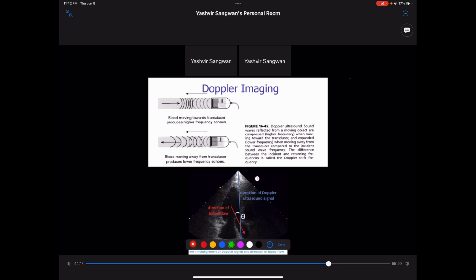That happens simply because if we can imagine that this is a blood vessel and the direction of blood flow is here. Okay? So if you have the ultrasound and it transmits a sound, it is better, let me explain it this way.